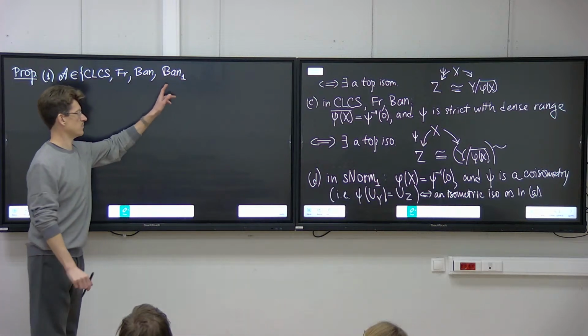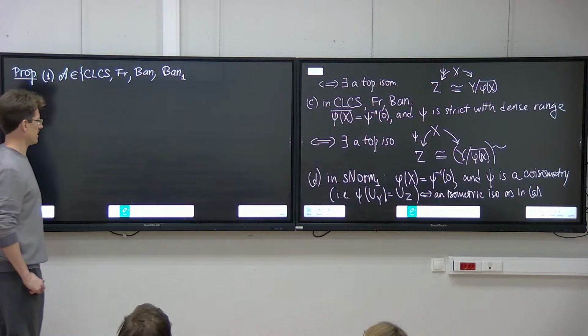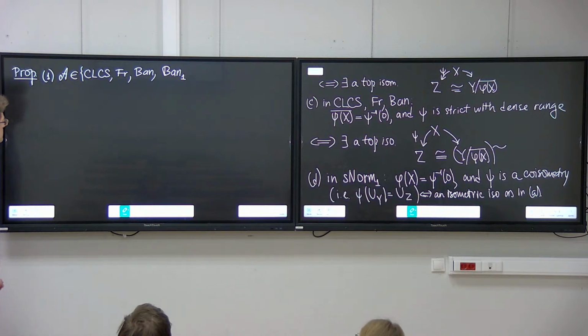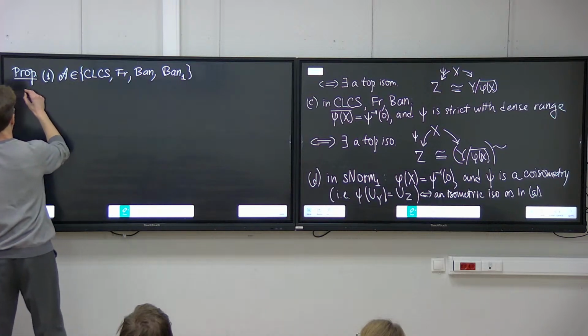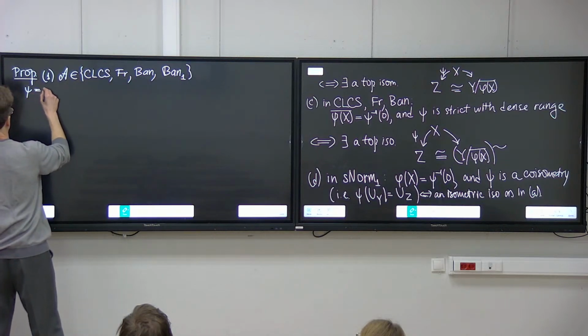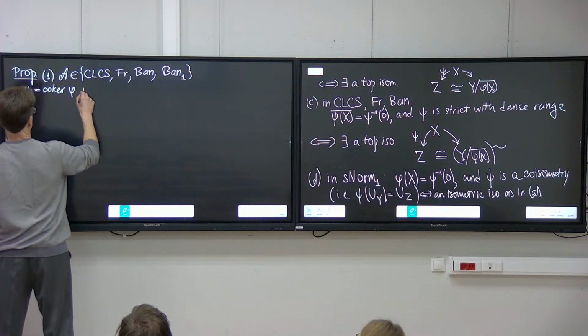So Ban 1 will denote the category whose objects are balanced spaces, and the morphisms are linear contractions. And suppose that we have a map psi, which is a co-kernel of another map phi in our category.